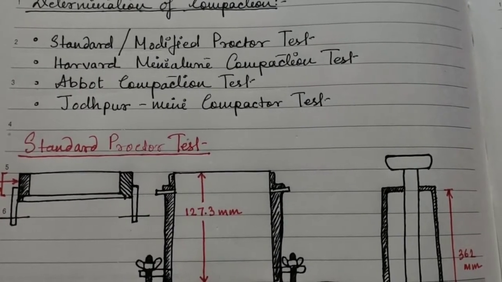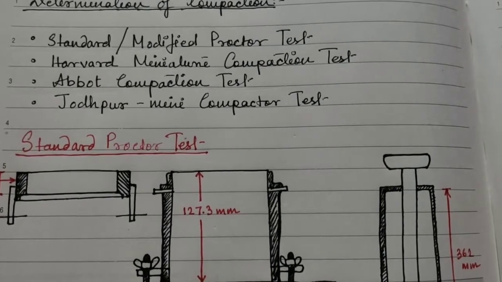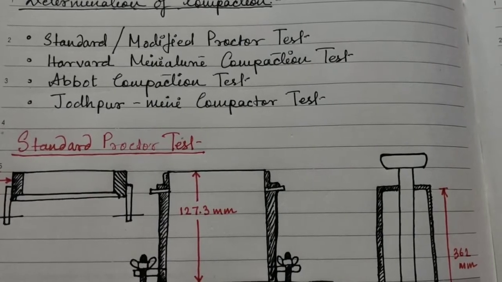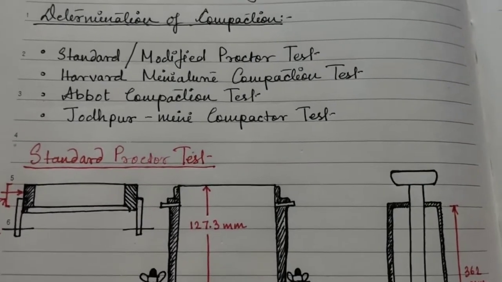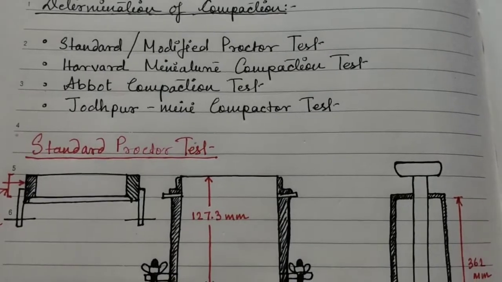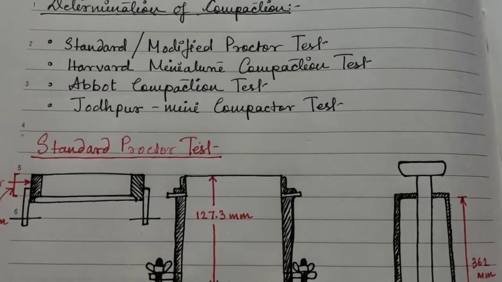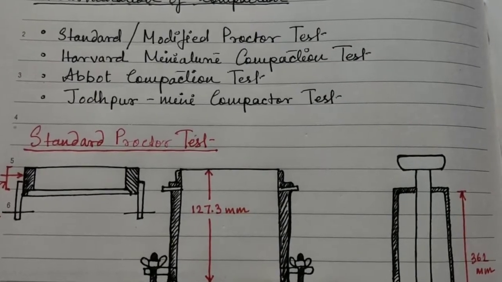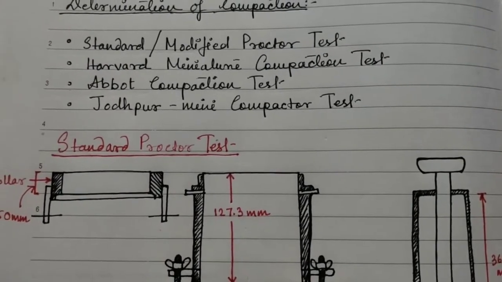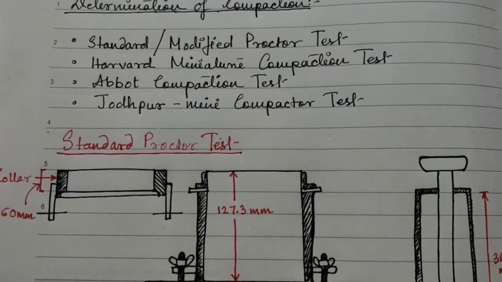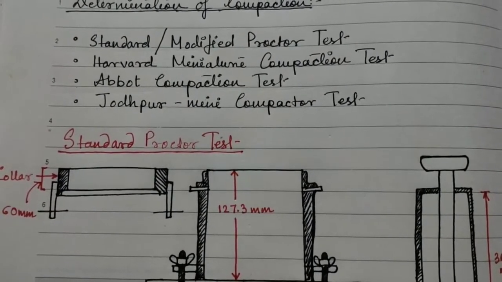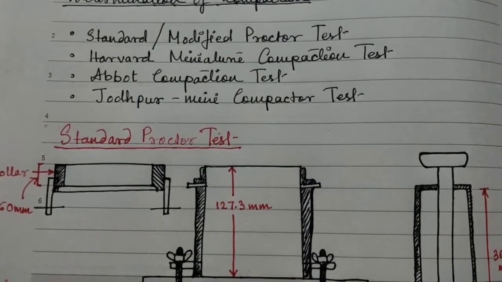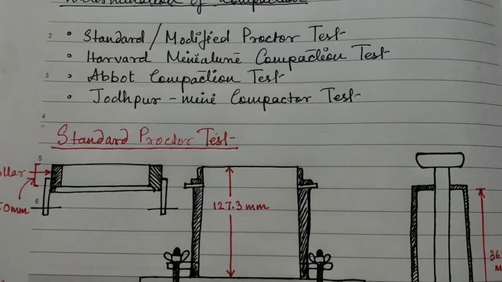Why is the water sprinkled on top of the white sand? This water acts as a lubricant between two soil particles, which helps the soil to come into closer contact with each other. The main focus of compaction is to release the air which is present in the voids of the soil. As you have studied in the previous soil mechanics, the soil consists of three phases, that is solid, air and water.